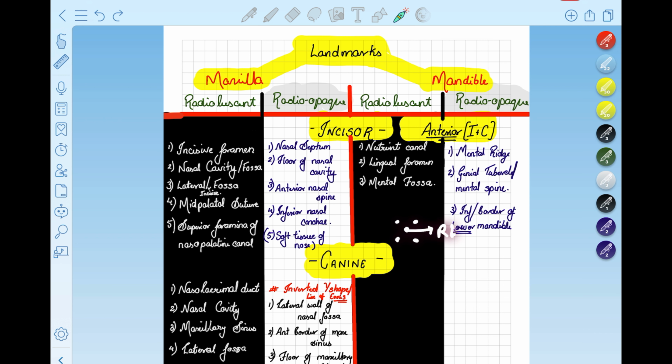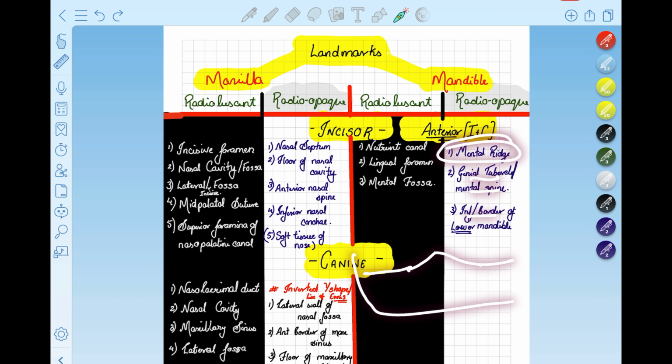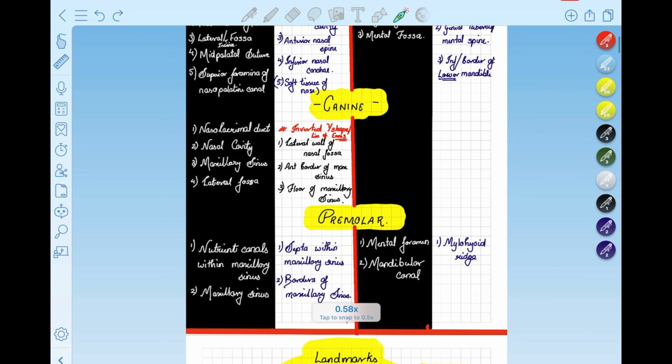How will it appear? Radiolucent. The genial tubercle will appear radiopaque, and the mental fossa. These were the radiolucent structures, while the radiopaque structures were the mental ridge, that inverted V-shaped ridge, the genial tubercle or mental spine, and the inferior border of the mandible.